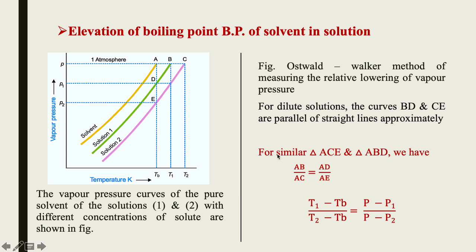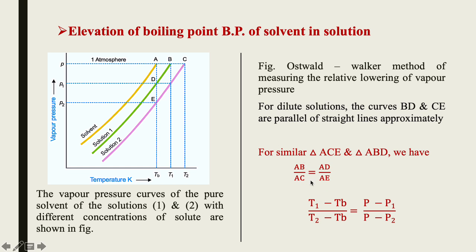So we have AB divided by AC, and AD divided by AE. AB corresponds to AC due to the similarity of these triangles.